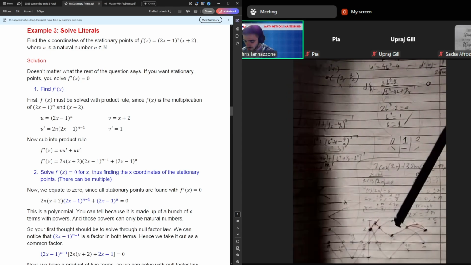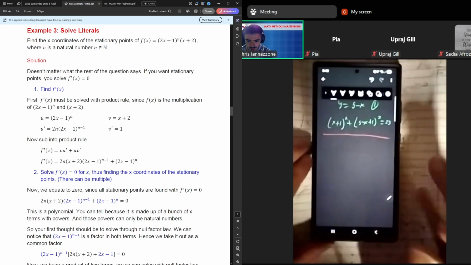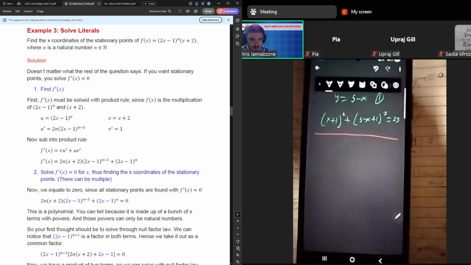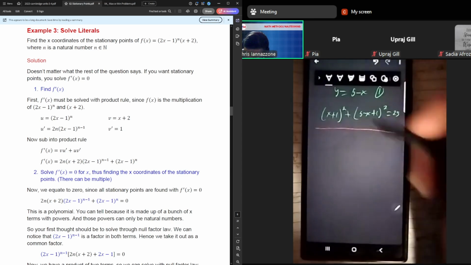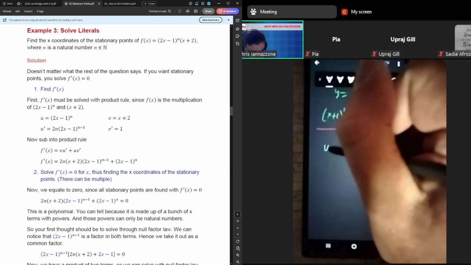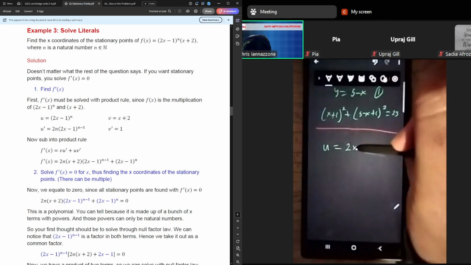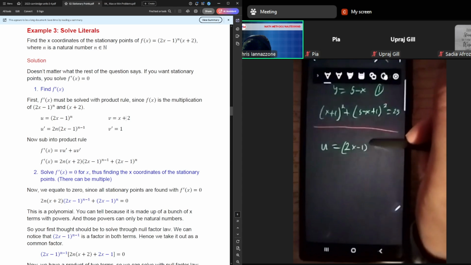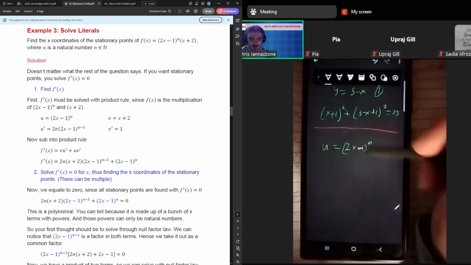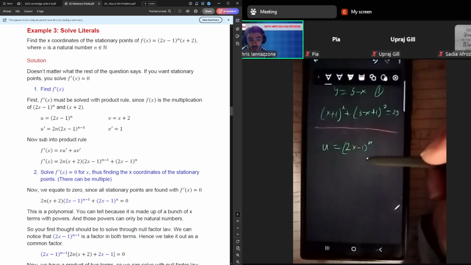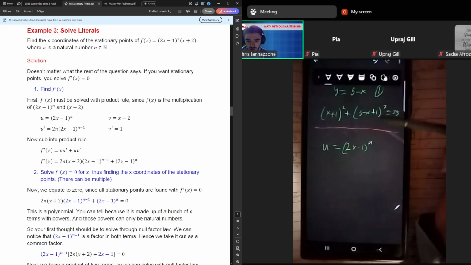So the lengthier chain rule version of what's going on is we have our function. It was u equals 2x minus 1 to the power of n. So this is closest to a power function, right? It's something raised to a power.